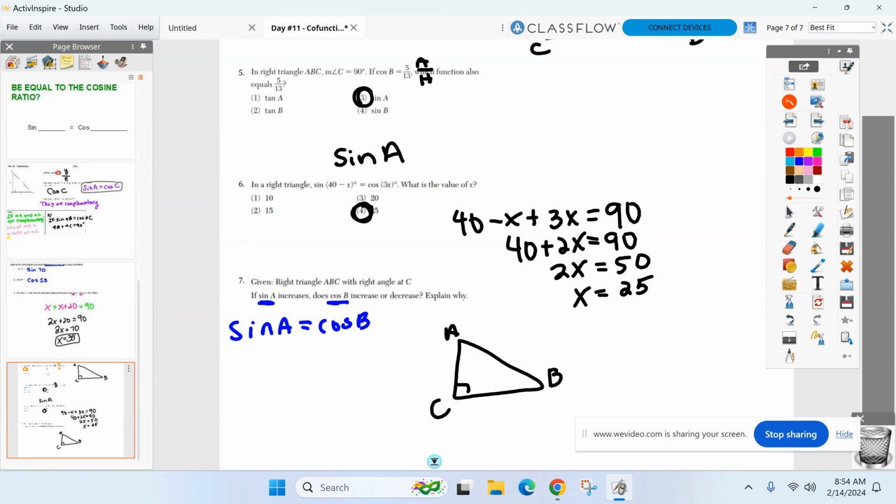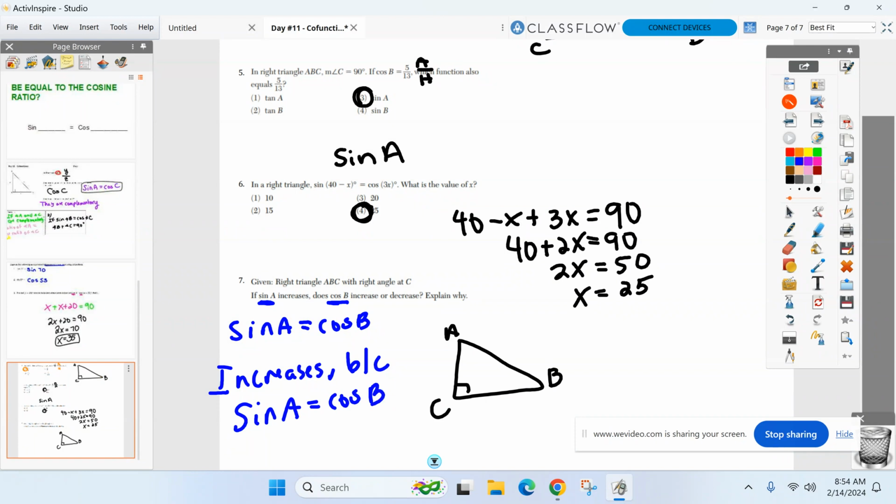Also increases, yes. And explain why? Because they're equal to each other. Sine A equals cosine B. If the angles add to 90, the sine and cosine ratios are equal.